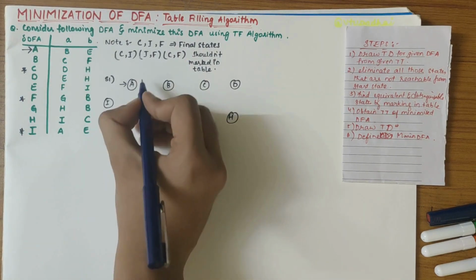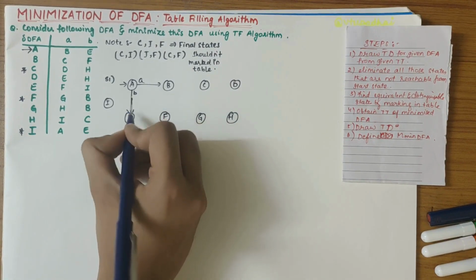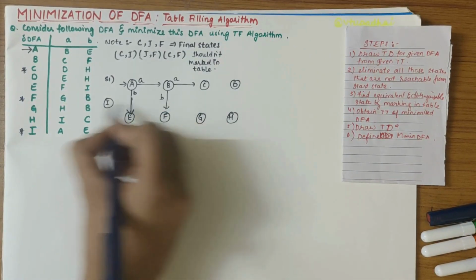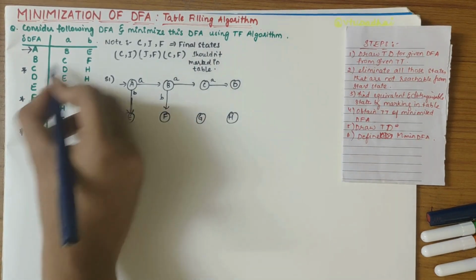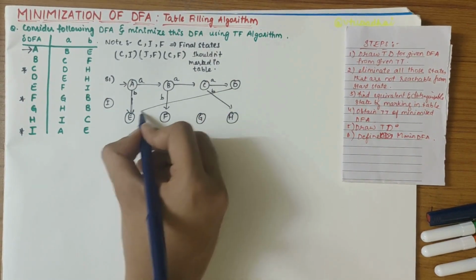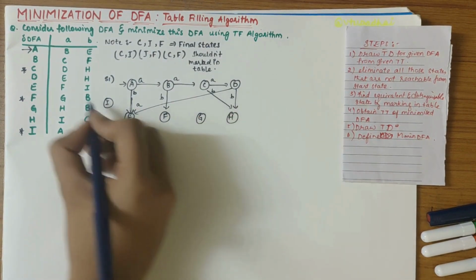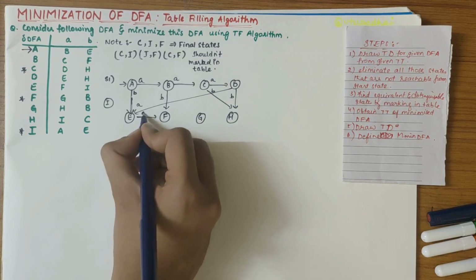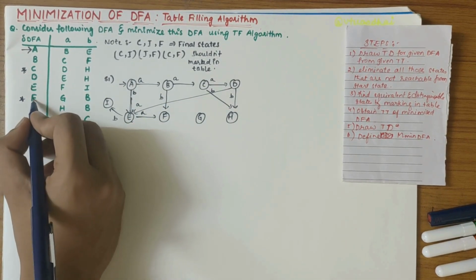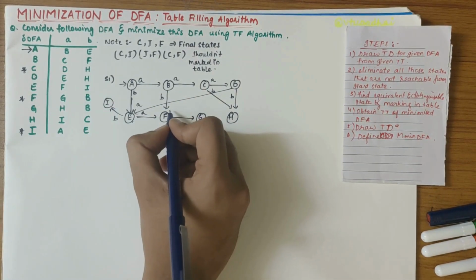So A on A gives B, A on B gives E, B on A gives C, B on B gives F, C on A gives D, C on B gives H, D on A gives E, and D on B gives H, E on A gives F, E on B gives I, so I is here, and we have F on A gives G, and F on B gives B.